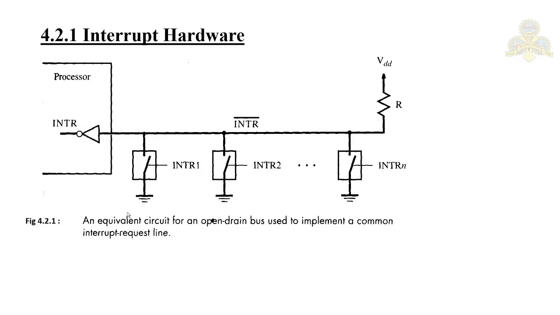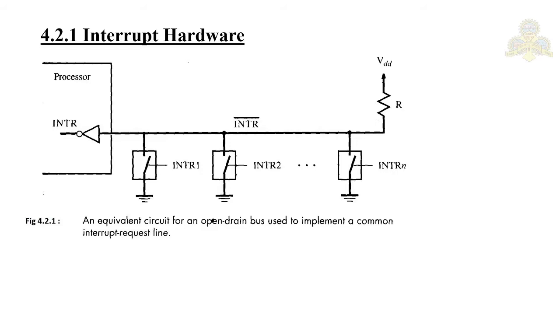As seen in the picture, there is a single interrupt request line where you have multiple devices connected to it. All these devices are connected via switches to ground. Device 1 has this switch, and this switch is connected to ground. Likewise, we have n switches connected to particular devices.